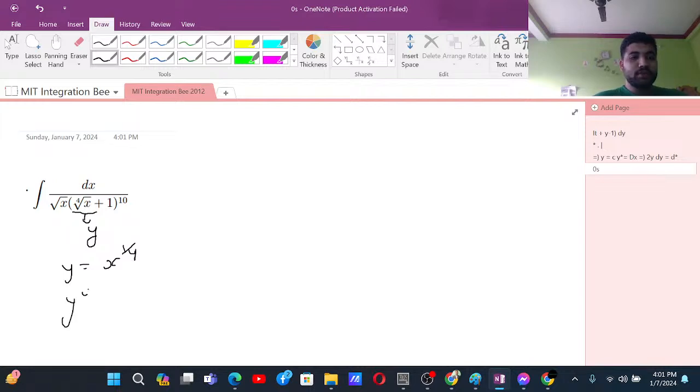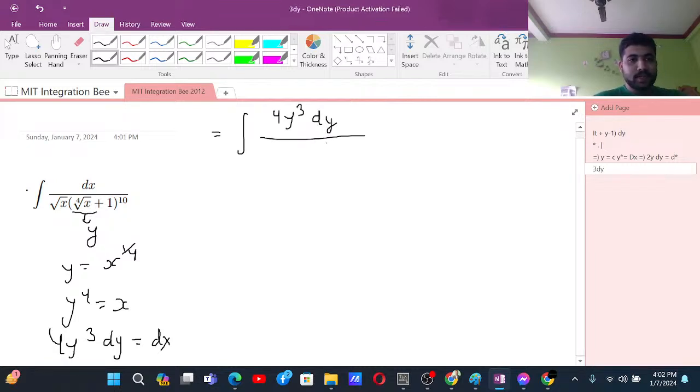Then you will get y to the power 4 equals x, and then 4 times y cubed dy equals dx. Okay, and then dx will be 4y cubed dy, and root x will be y square. And then this is y plus 1 to the power 10.